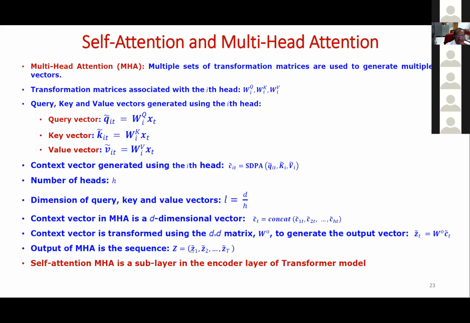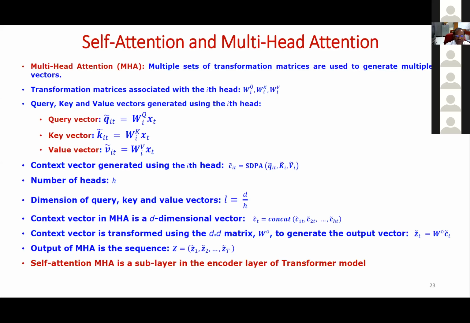Now we put these Z̃t vectors together to form this matrix Z, which is the output of the multi-head attention, which is a sequence. What is important to note here is that the input to this multi-head attention is a sequence, and the output is another sequence, but the representations are different.